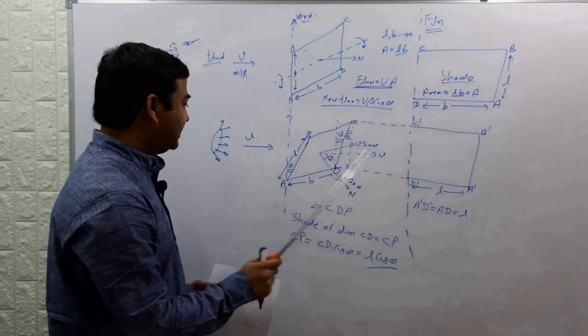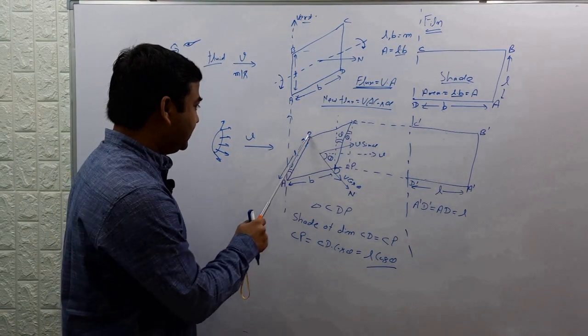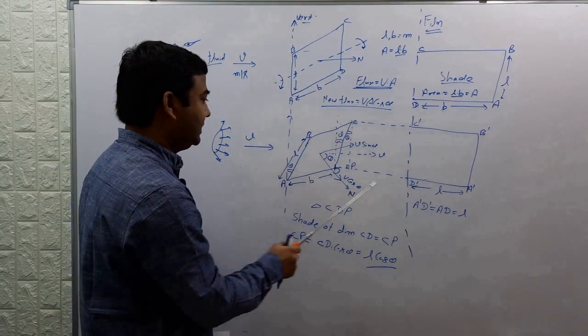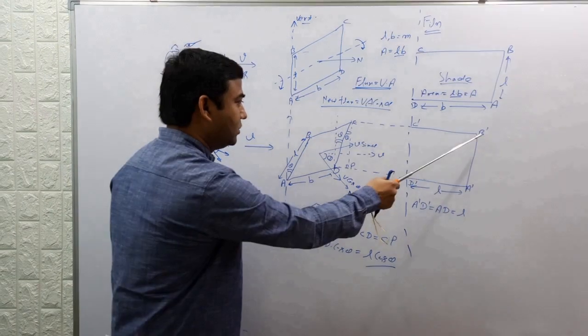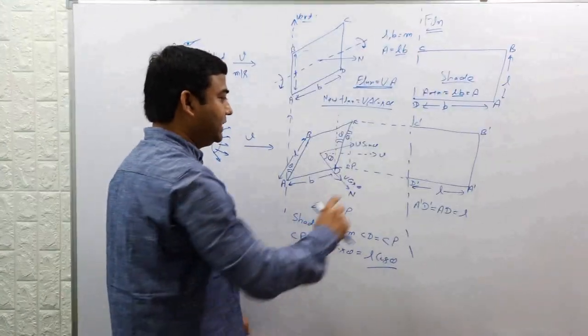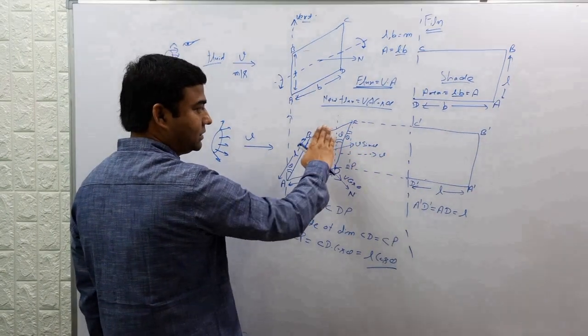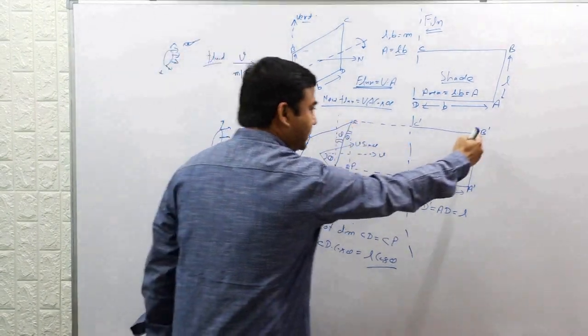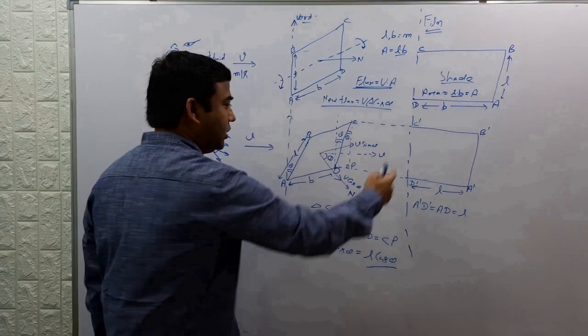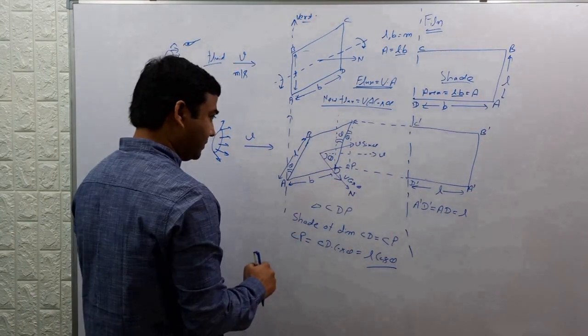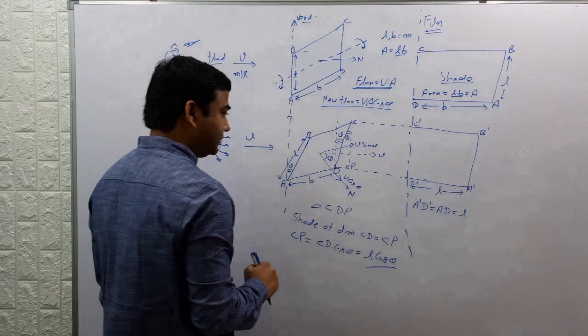So you can see the shade of this tilted dimension AB or CD is C dash D dash, or A dash B dash.